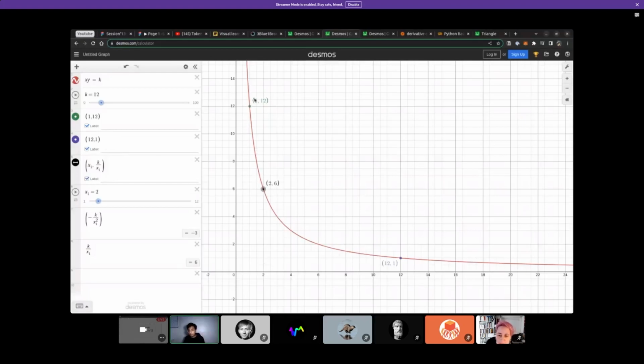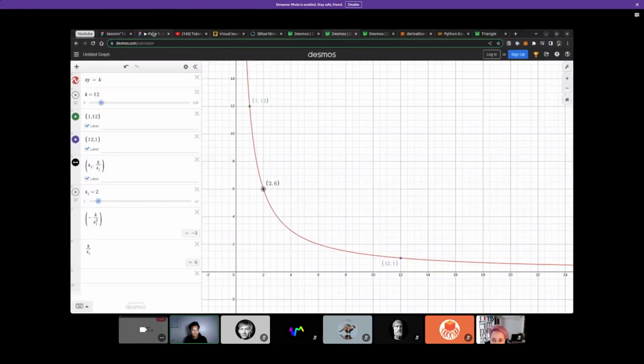So we went from x being 1 to x being 2, and y being 12 to y being 6, right? So when we say x old, y old, x old is 1 and y old is 12. X new is 2 and y new is 6.